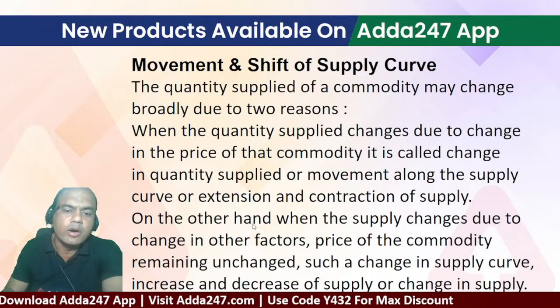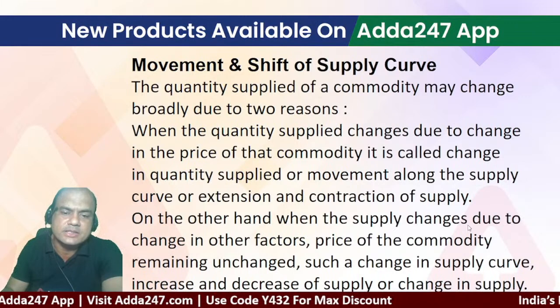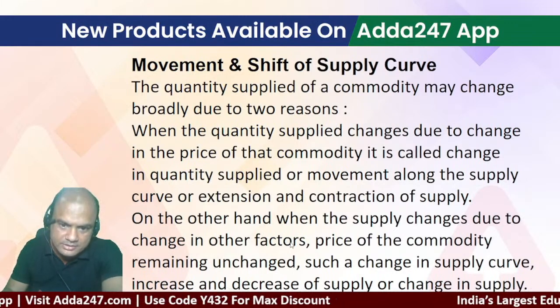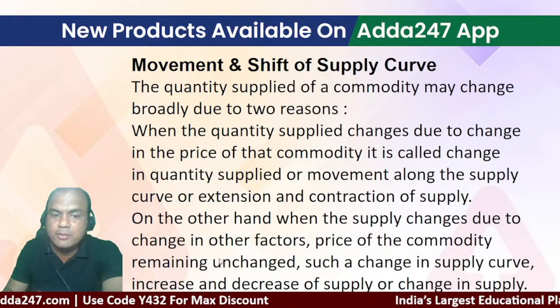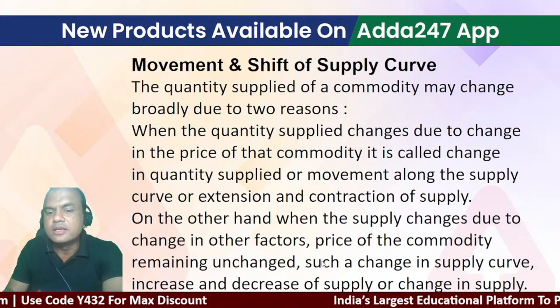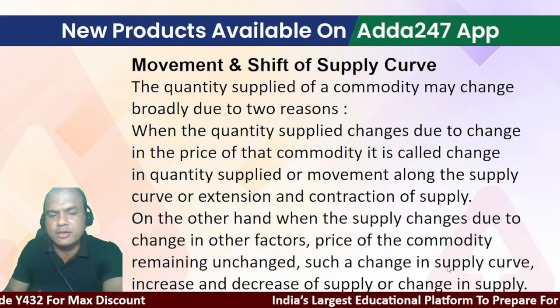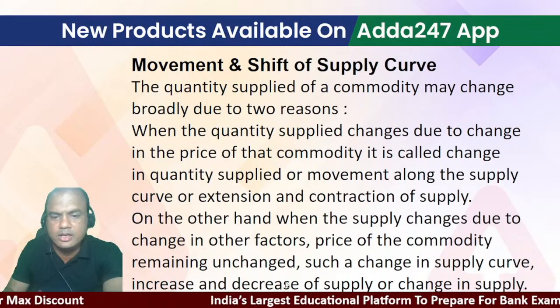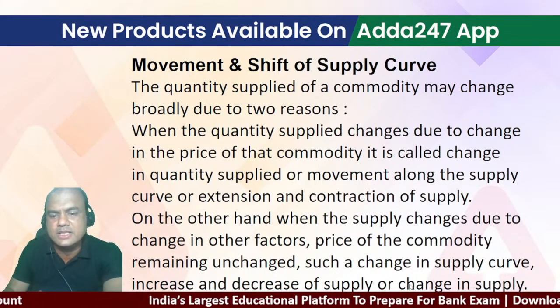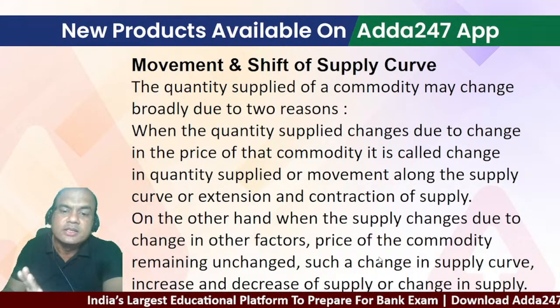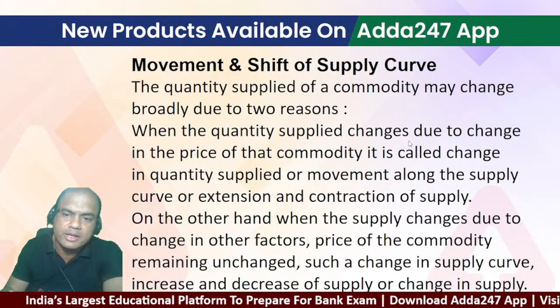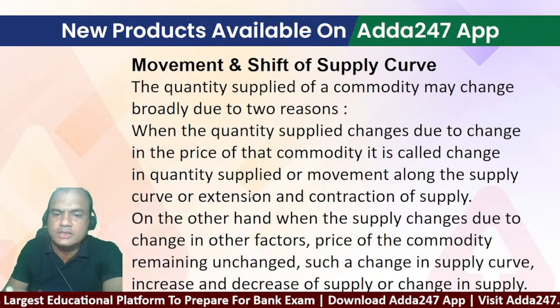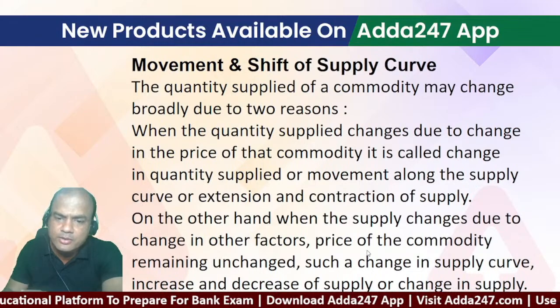Reason number two, on the other hand, when the supply changes due to change in other factors, price of the commodity remaining unchanged, then such a change in the supply curve, increase or decrease of supply or change in the supply, will not be the extension or contraction of the supply, because the reasons are different.